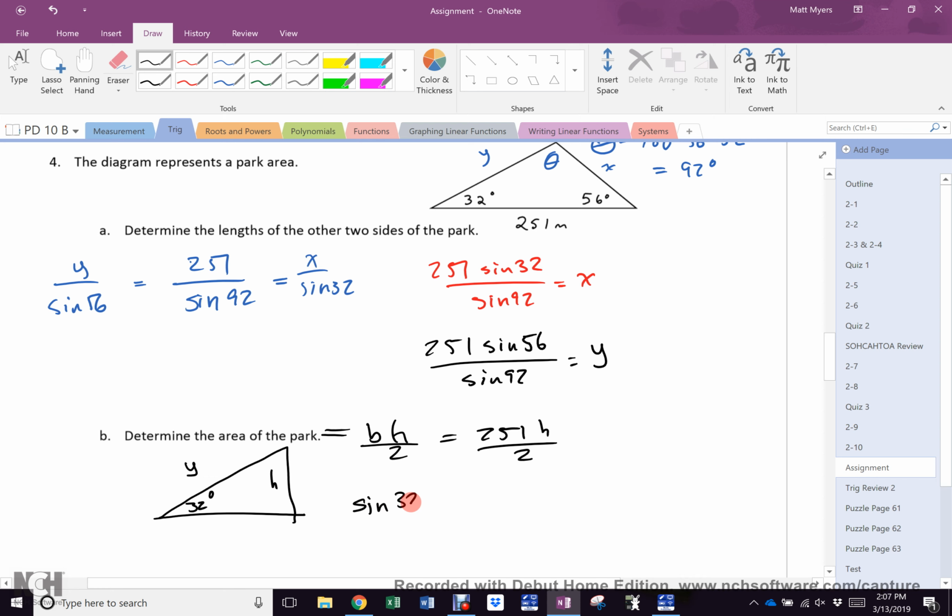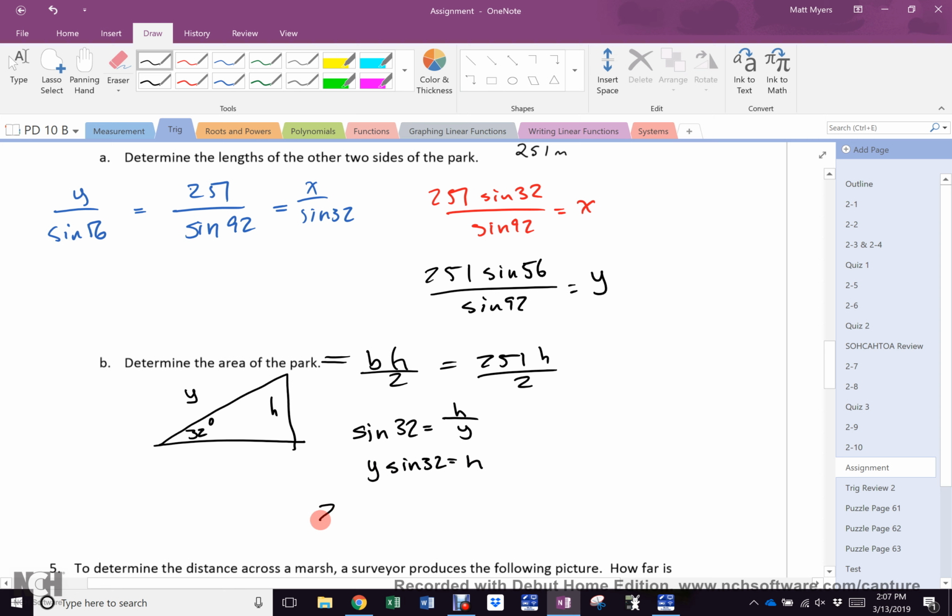Sine 32 equals opposite H over Y. So Y equals H divided by sine 32. Sorry, I know Y. So Y times sine 32 will give me my height.